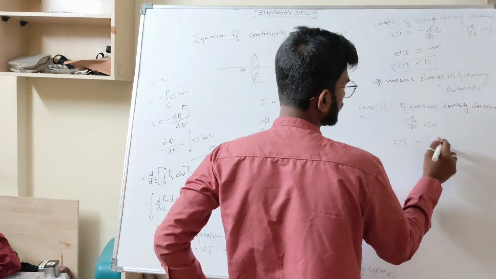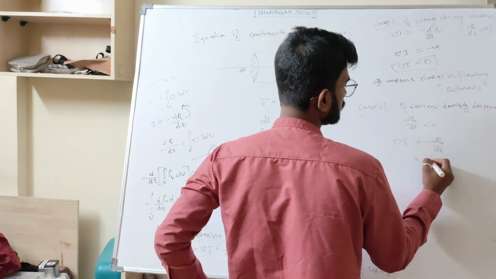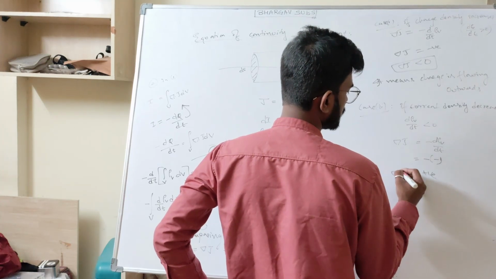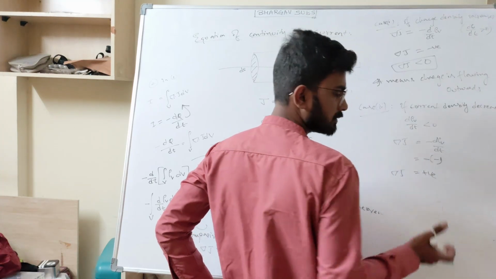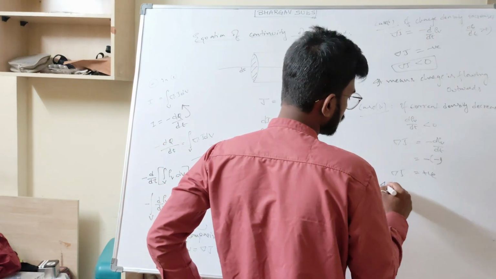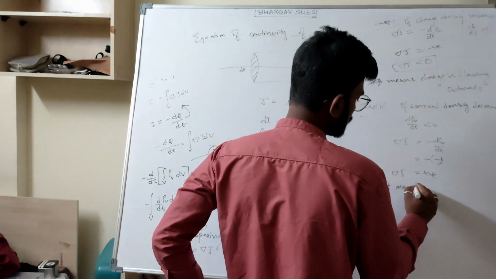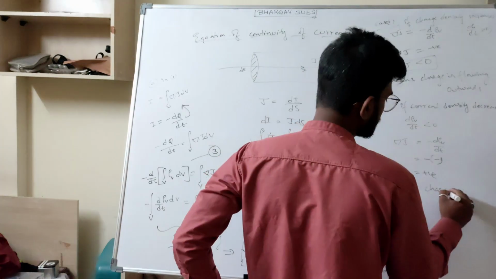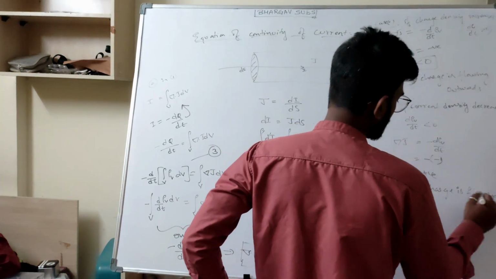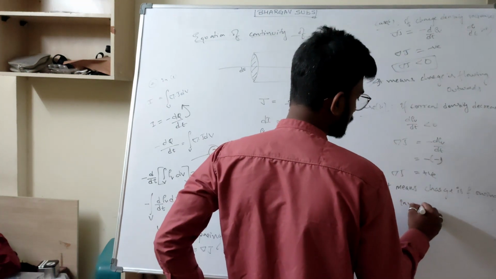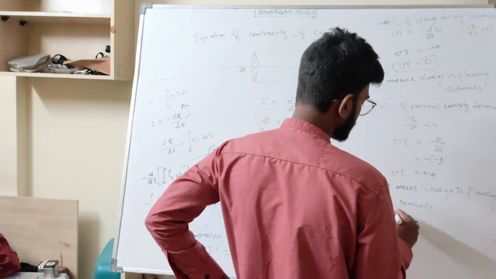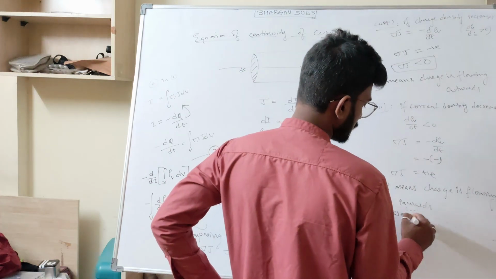Now, it was less than 0, so negative into negative is positive, okay, gradient of j is positive. It means charge is flowing inwards to the conductor.